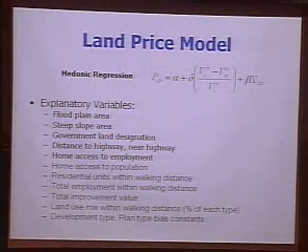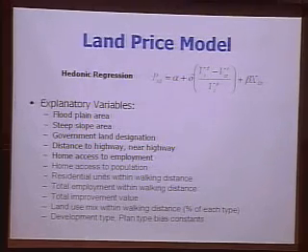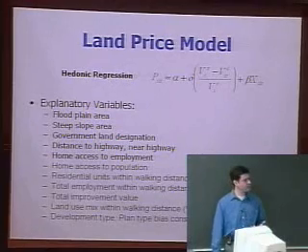Structural vacancy rates are input into the model before you start. For example, I got estimates from this guy at the city of Honolulu as to what the vacancy rates should be for residential as well as for commercial and so forth.